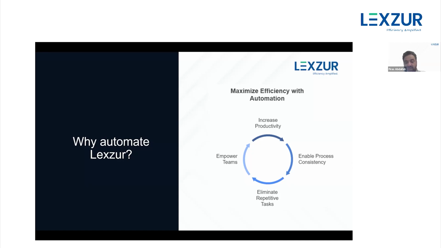Standardizing workflows ensures that tasks are performed uniformly across the organization to reduce errors and enhance quality control. By eliminating repetitive and manual tasks, the team will be able to redirect efforts toward more impactful work.